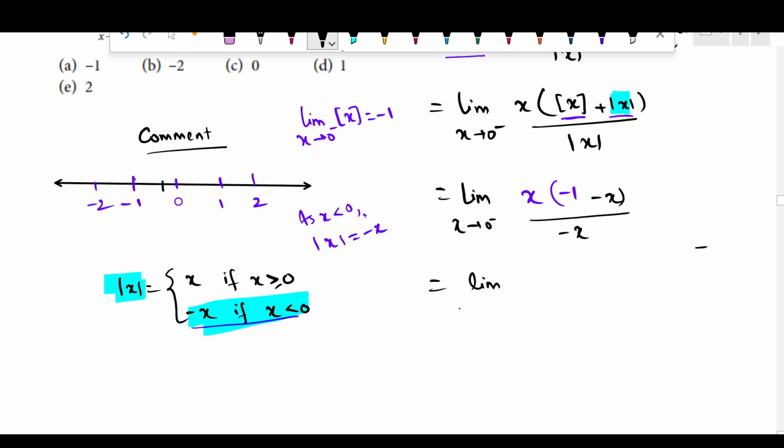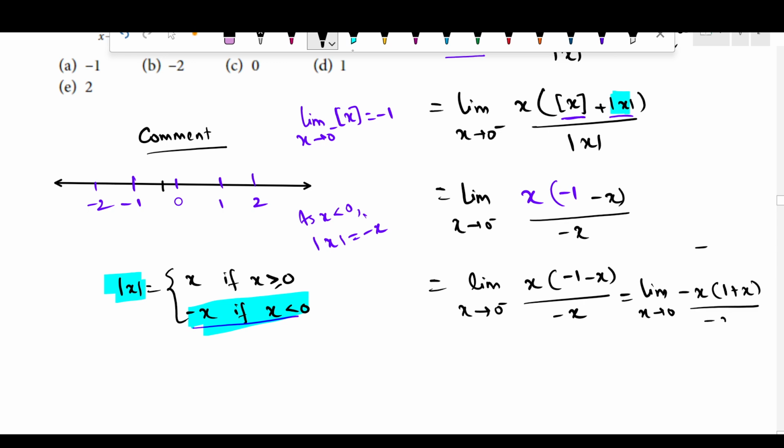This is equals to limit x tending to 0 minus of x into -1 minus x, upon -x. You take minus common, so this will be 1 plus x upon -x.